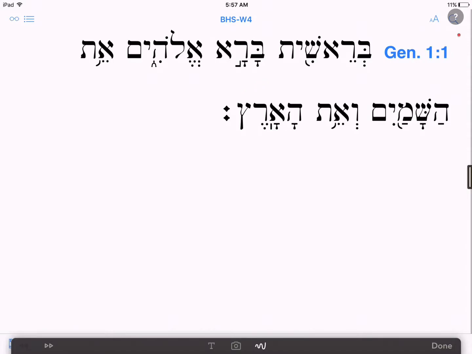So remember, qamets hatuf have to be closed and unaccented. If these two syllables are open, then we don't have qamets hatufs, we have qametses. So we get bara. Notice we pronounced the bet as a B, not a V, because we have that dagesh in it.